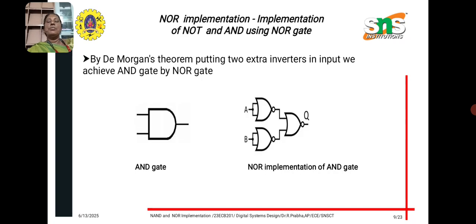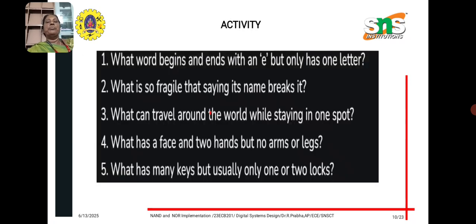Next we are going to see how to get the basic gates using NOR implementation. For example, take an AND gate. For getting an AND implementation using NOR gates, we use two inverters at the input side of the NOR gate. We get the AND gate output.